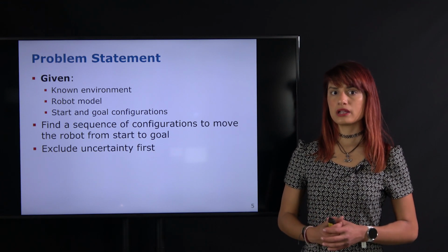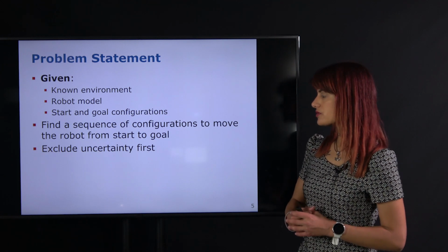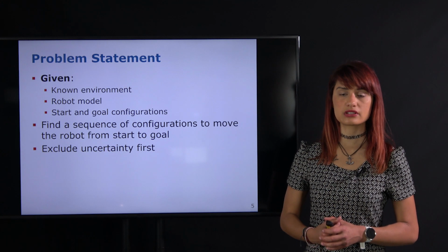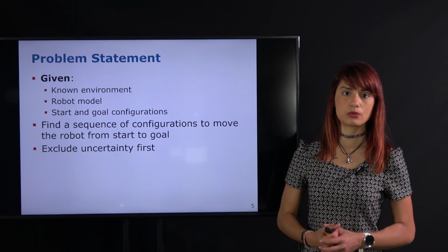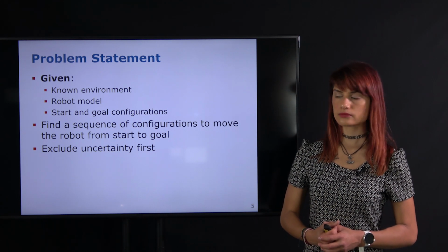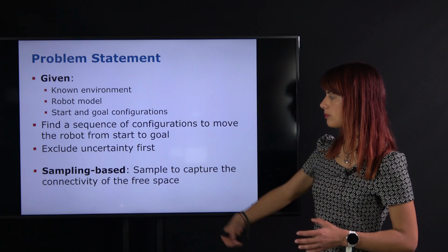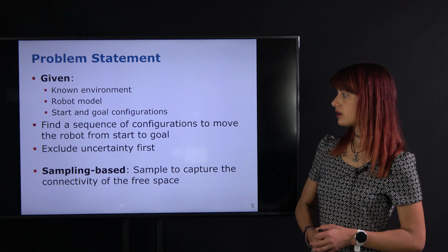In the same way as when we looked at search-based methods, we assume no sources of motion uncertainty or sensing uncertainty. So we assume that the robot can perfectly follow the paths that we plan for it. Sampling-based methods effectively apply a sampling strategy in order to capture the connectivity of the free space.